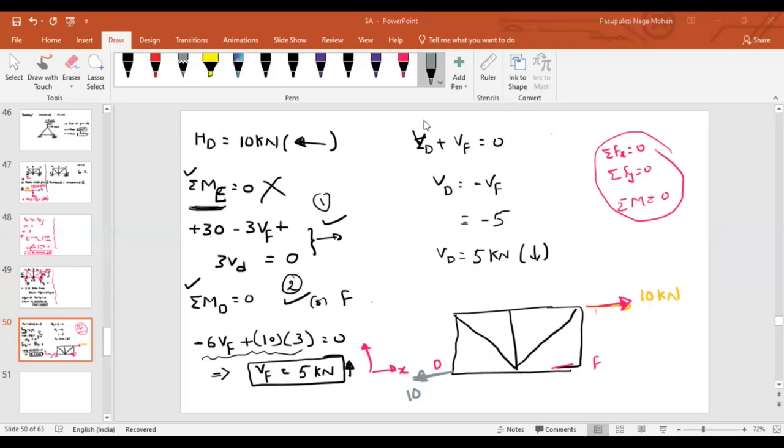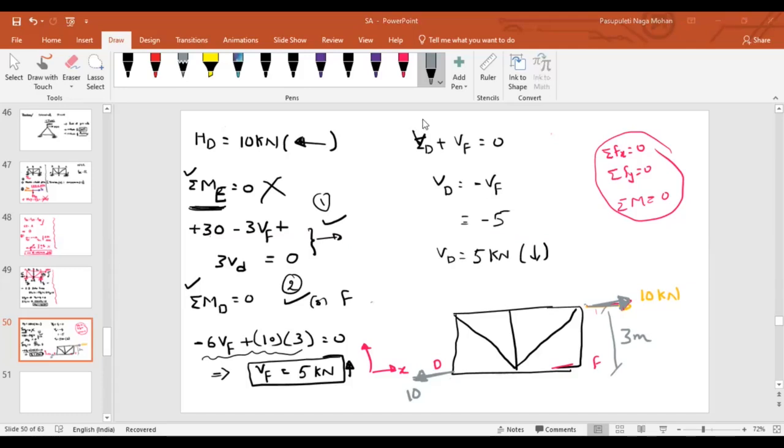Now, look at these forces. Look at this 10 kilonewton and this 10 kilonewton. What are they trying to do with the system? Can you identify which type of forces these are? Are they separated, or are they acting on the same line of action?